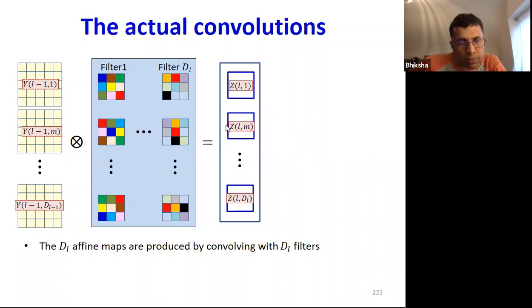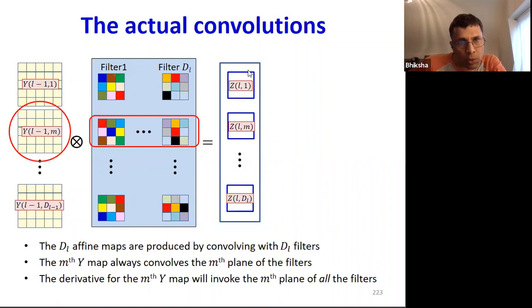To consider the contribution of the second map, you consider the mth plane of the second filter, and so on. So to consider the contributions of all of these maps, for each affine map, you have to compute its contribution to the mth activation map of the previous layer. You have to pick up the mth plane of the filter that was used to compute the affine map.